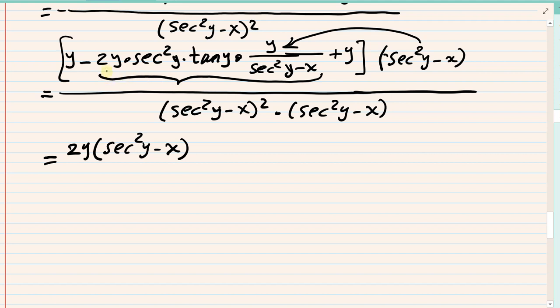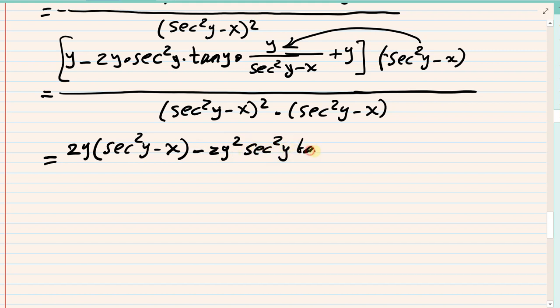When we distribute, we're going to lose secant squared y minus x from the denominator of this fraction. Okay? And that long expression is going to become negative 2y squared. And then I have secant squared y tan y, right?